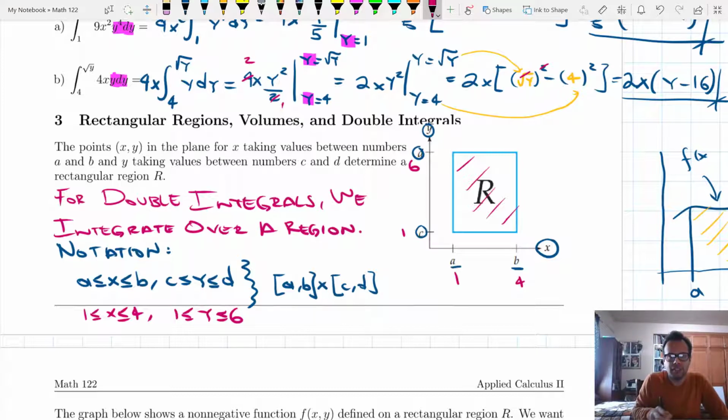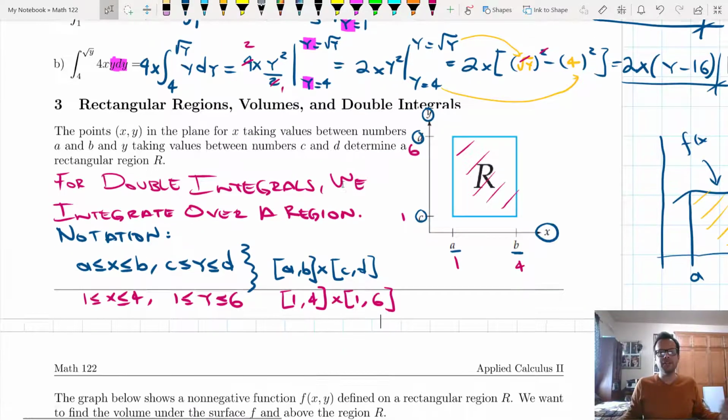Using the other notation, it goes from 1 to 4, whoops, not parentheses, actually brackets here, and as far as the vertical direction, it goes from 1 to 6. Two different ways to denote it, depending on how you read it in the textbook. It might use either one.